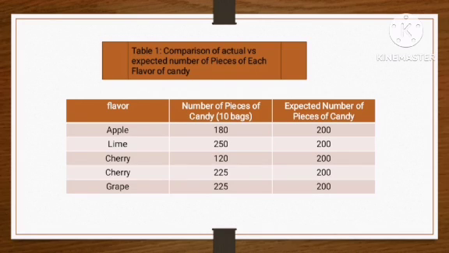So this is the table. And now we find the difference between what we have observed in our data and what we expect. The last column in Table 2 below shows this difference. So this is Table 2, the difference between observed and expected pieces of candy by flavor.